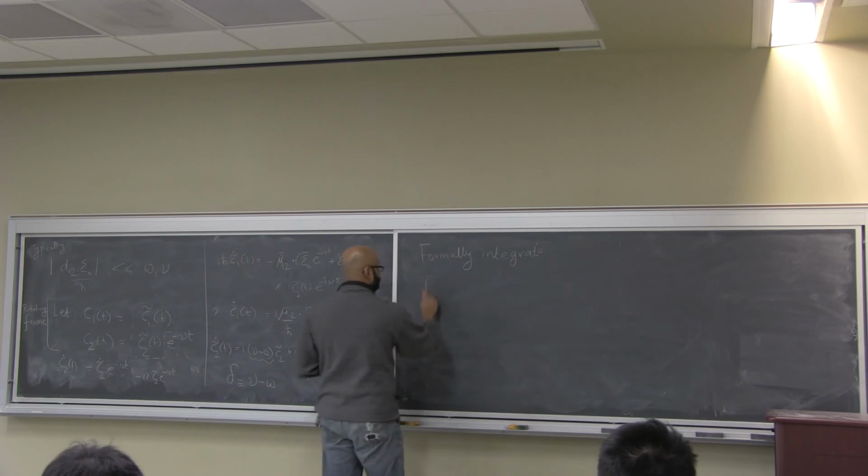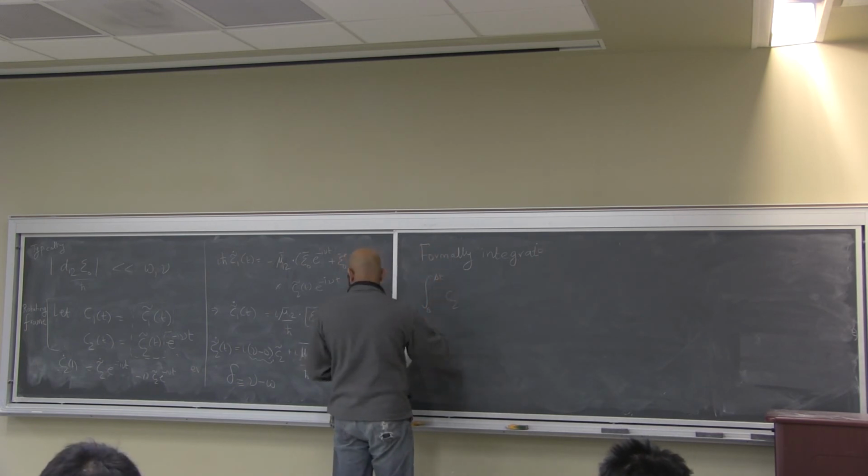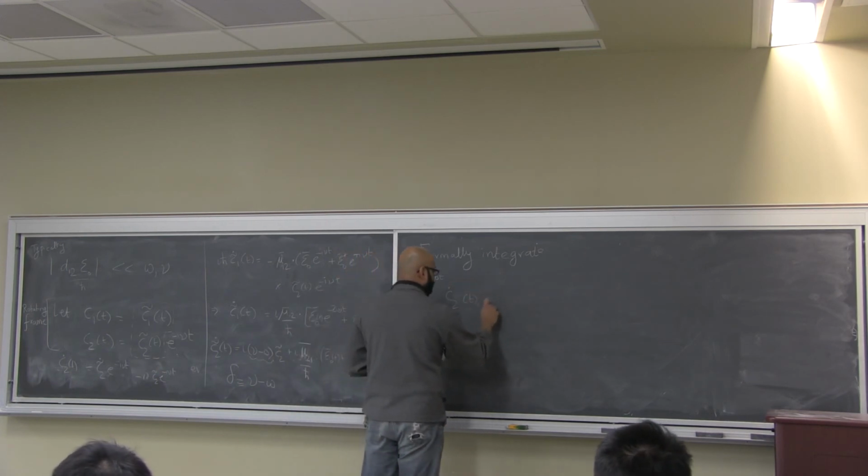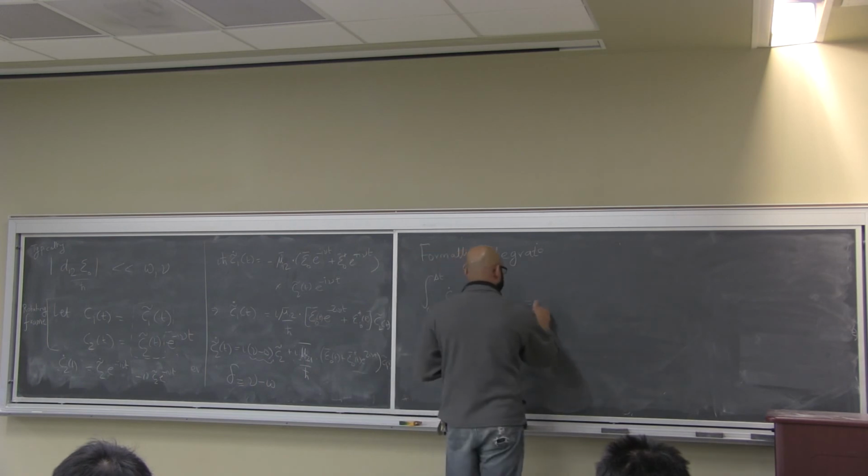Okay? So integral 0 to delta t of C2 dot. Okay, and I'm dropping the tildes now, hopefully it's not a problem. You remember that this is all in the rotating frame.